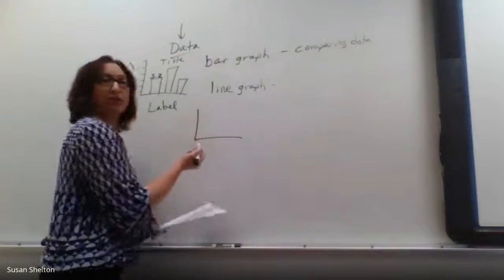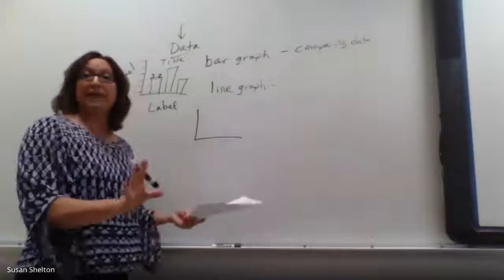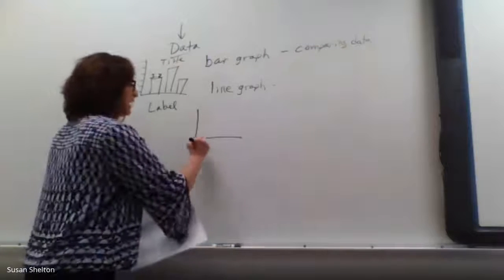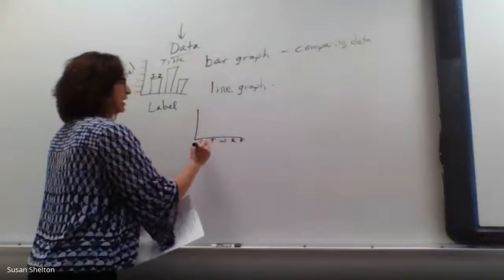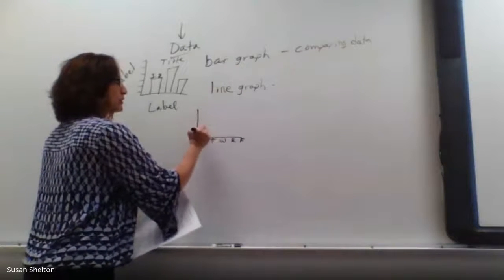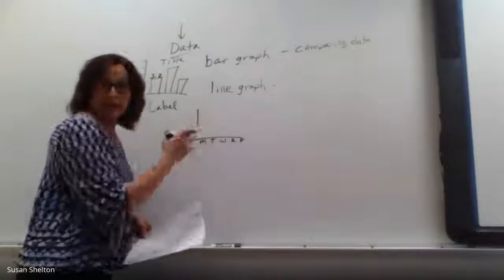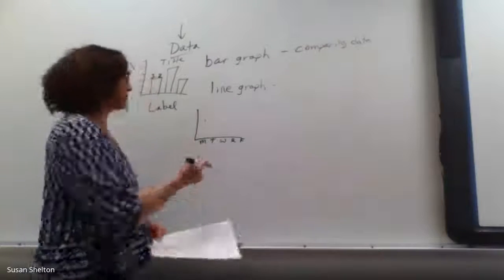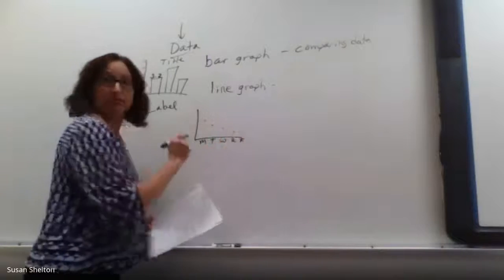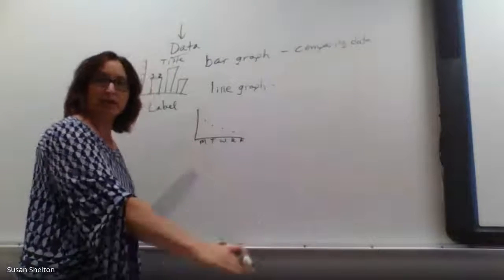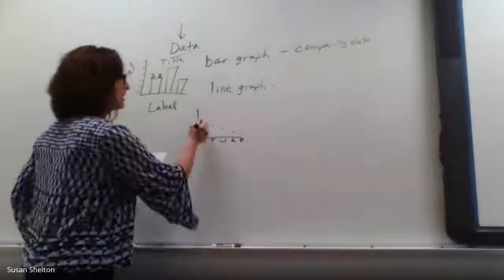is maybe you're going to check your algae once a day for a week. So you would have Monday, Tuesday, Wednesday, Thursday, Friday. And how much was your algae? What we'd like to see, if our hypothesis is correct, is that we continuously see less and less and less algae with that sucker fish.